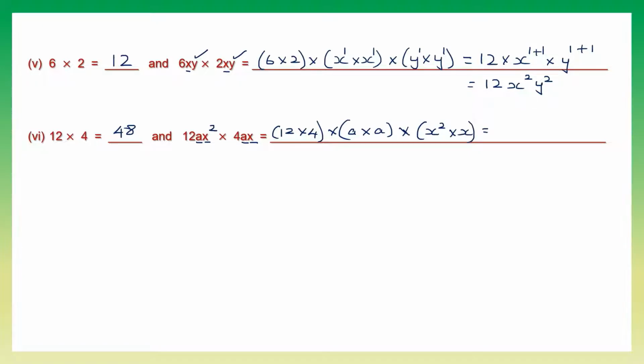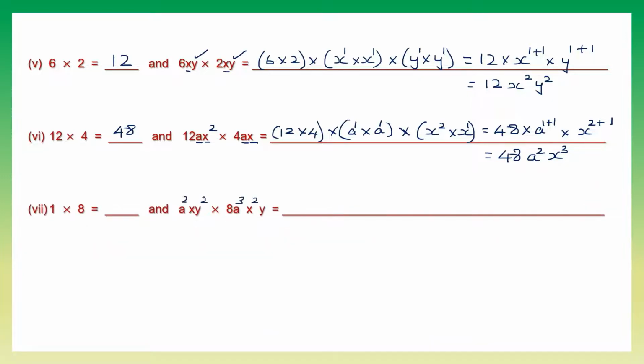So what do we have? 12 4s are 48 into a to the power of 1 plus 1 into x to the power of 2 plus 1. So what do we have? 48a square and x 2 plus 1 is 3, x to the power 3.